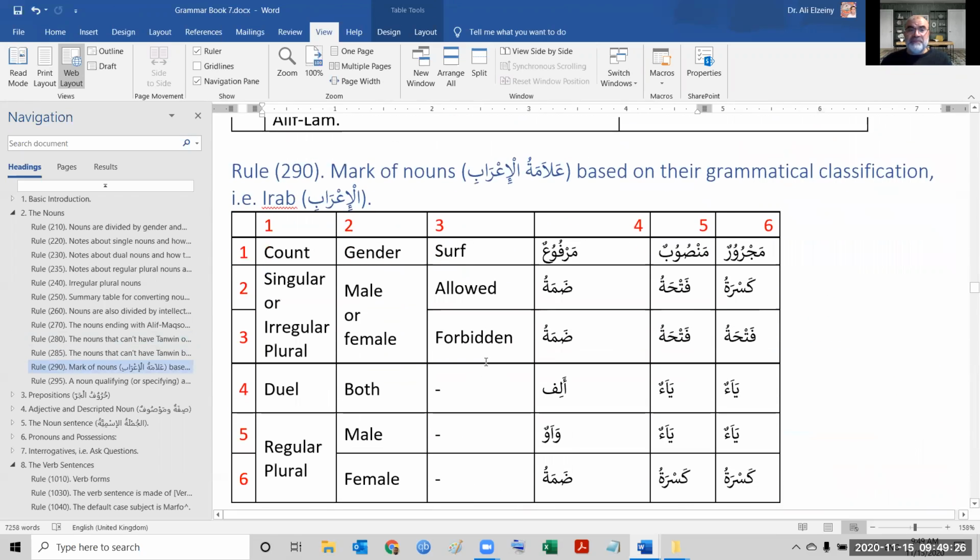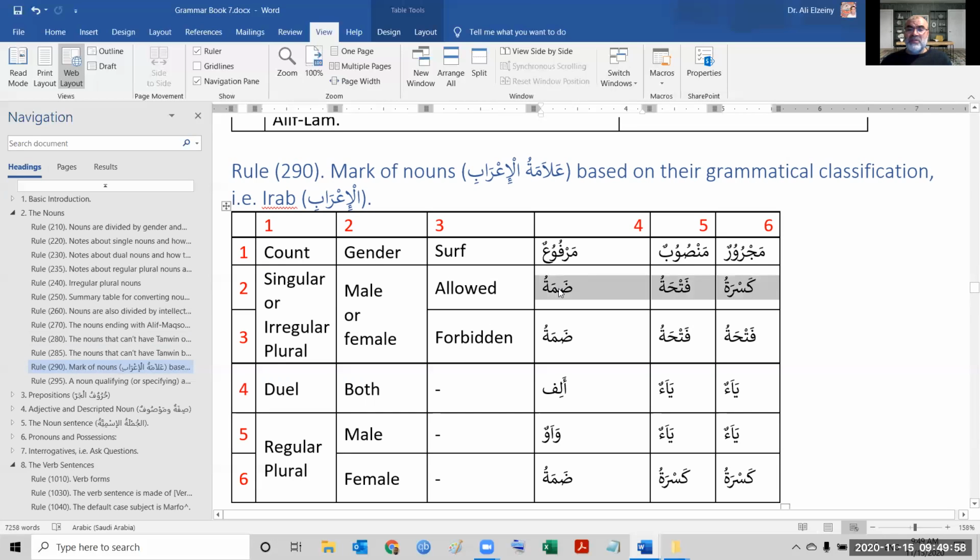So I go down here and they say, okay, sarf is allowed, and it's a single noun. It's a singular noun for male, but it doesn't matter. Sarf is allowed. Then I have these three cases: marfu' dhamma, mansub fatha, majroor kasra. That's pretty much the majority of the single nouns.